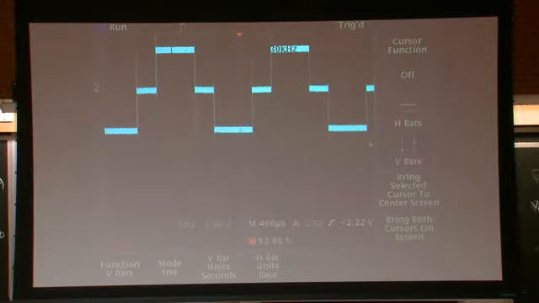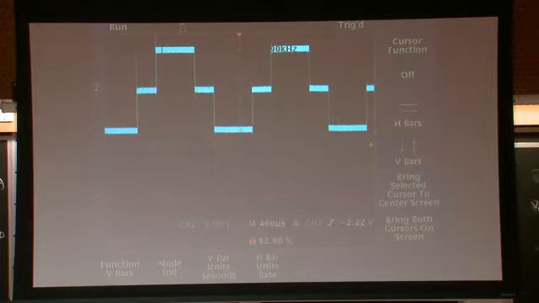Now at the bottom, we are looking at the FFT of the voltage waveform, so the voltage magnitudes at different harmonics. If I move my cursor to the first spike, you can see on the top right that it's at 600 Hertz, which is our switching frequency, and it's the fundamental.